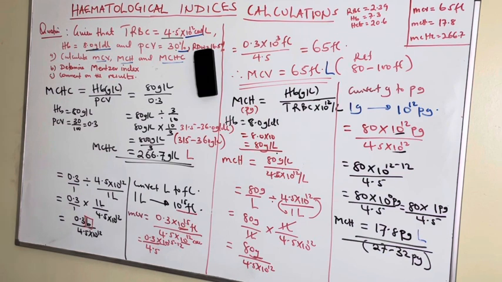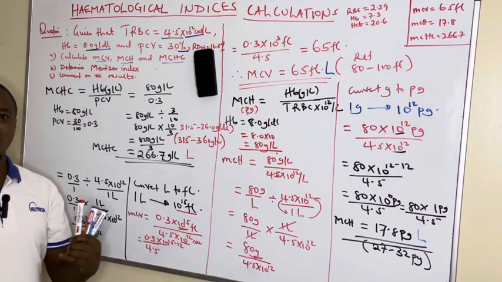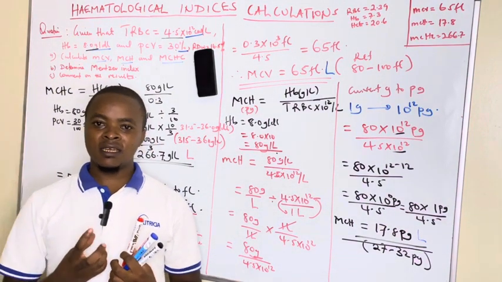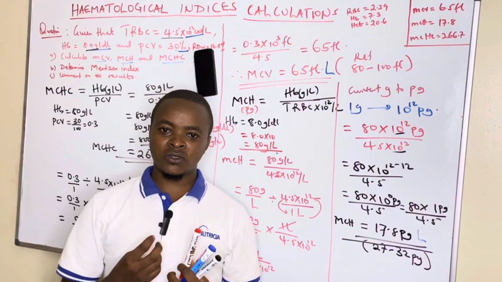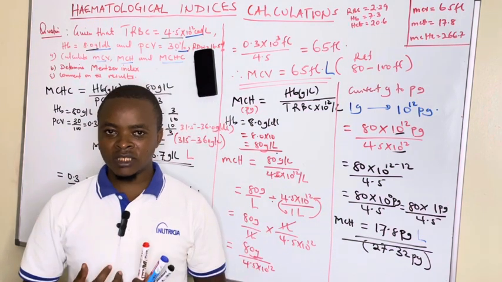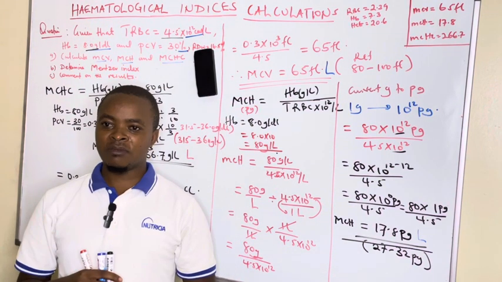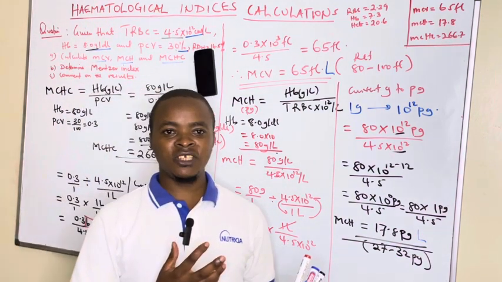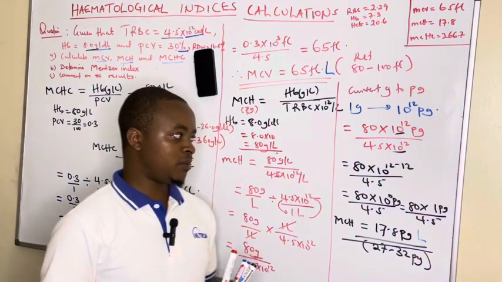And after seeing it is low, before we comment, also part B, they want us to calculate Mentzer index. And in the previous video I told you Mentzer index is the one that we can use whenever we have a microcytic hypochromic type of anemia to confirm if someone has either iron deficiency anemia or thalassemias.